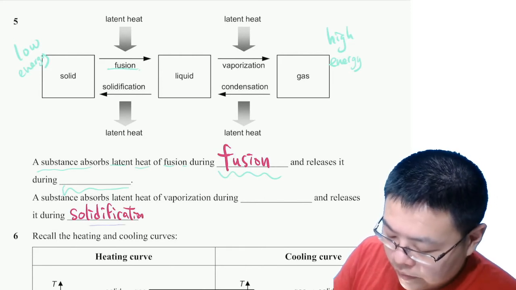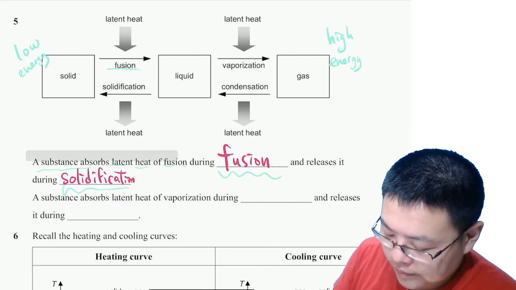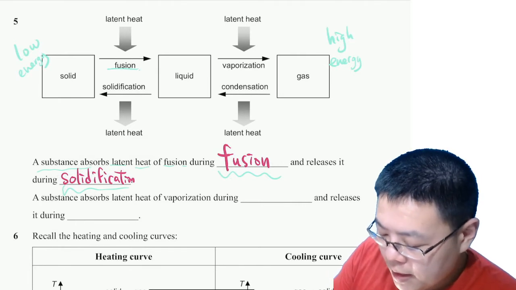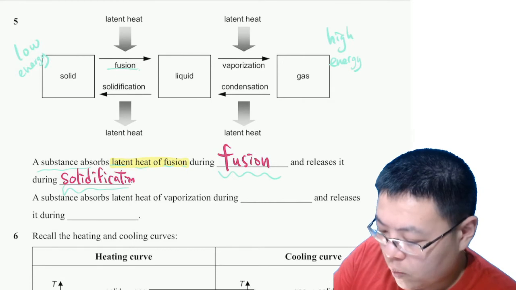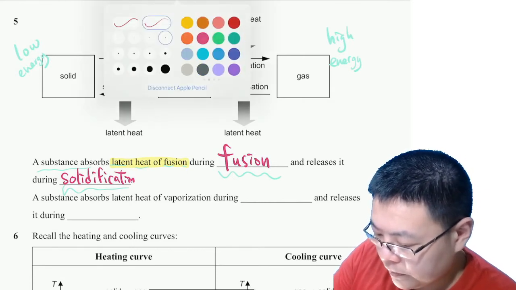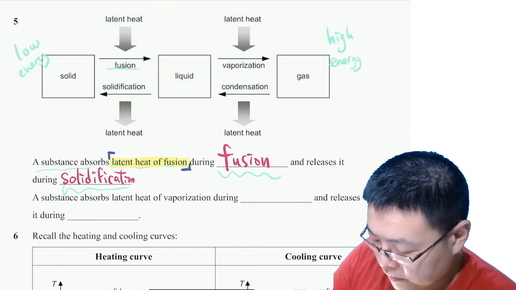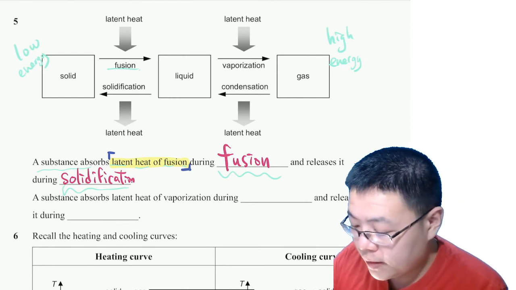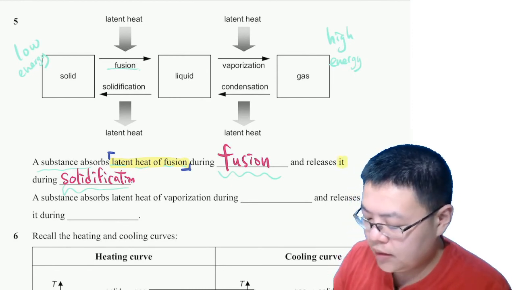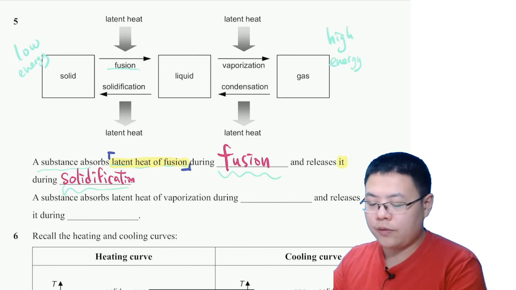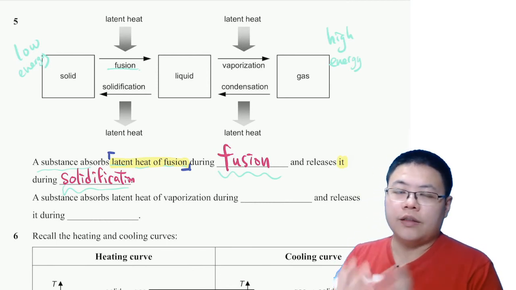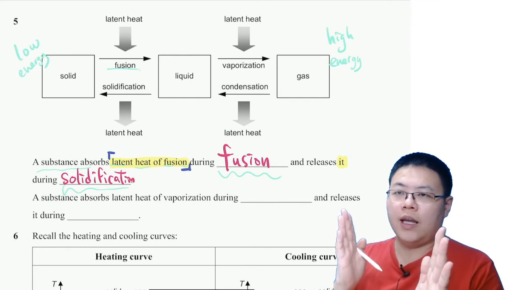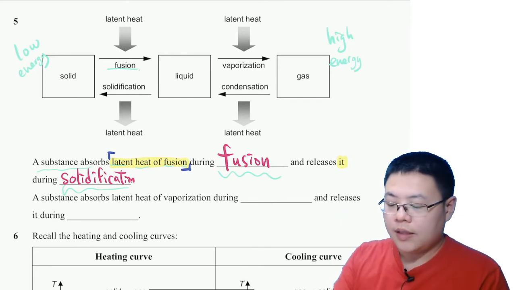Here, latent heat of fusion is one term. And it is also referring to latent heat of fusion, because the latent heat required from solid to liquid and from liquid to solid is the same.